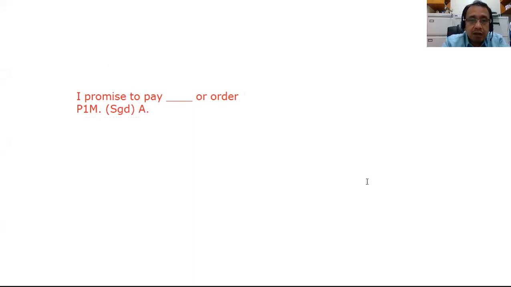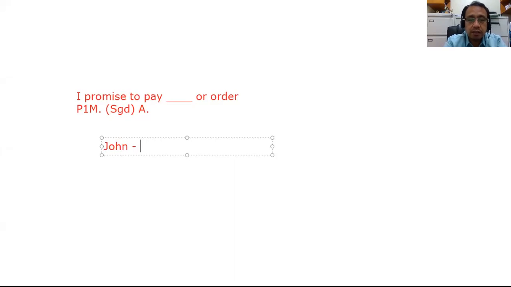What happened? After A prepared this instrument, he left it on top of his table. So iniwanan niya yan sa table niya. And later on, this instrument was discovered by John, who entered the office, and he noticed this promissory note for the amount of 1 million, which was already signed by A. So ano ang ginawa ni John?